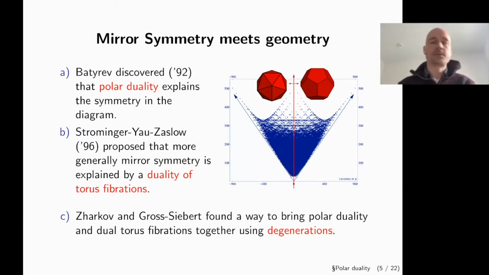Zharkov showed that and Gross-Siebert also. But in order to do this, you need to degenerate. So it brings us back to one of the things in the title. You need to degenerate your Calabi-Yau hypersurface, just like we did with the Coma surface at the start, in order to be able to see this torus fibration. And I'm going to explain next how you get this torus fibration from a degeneration.